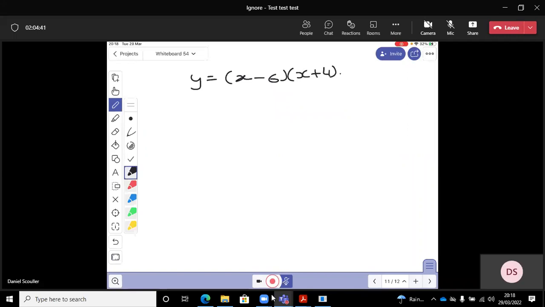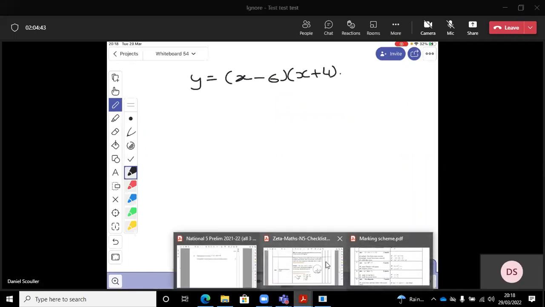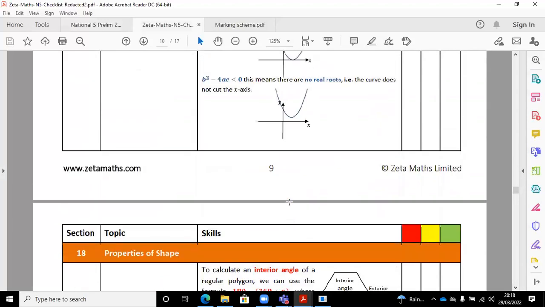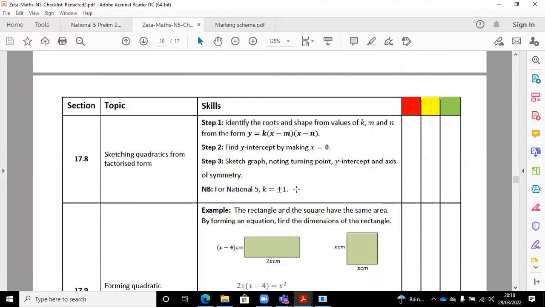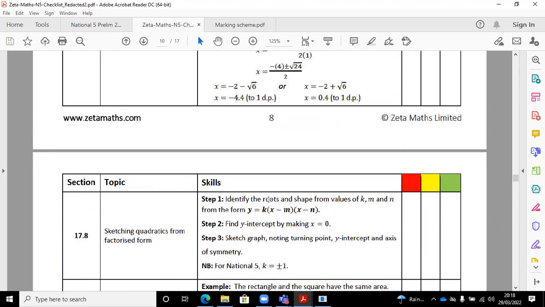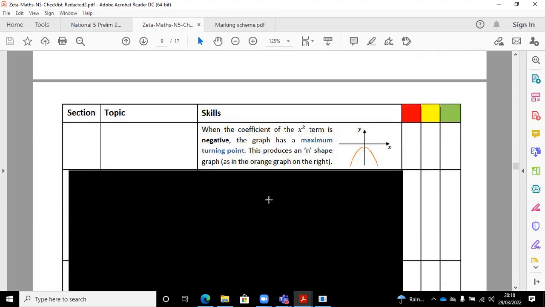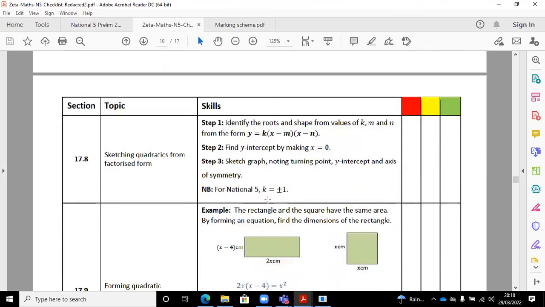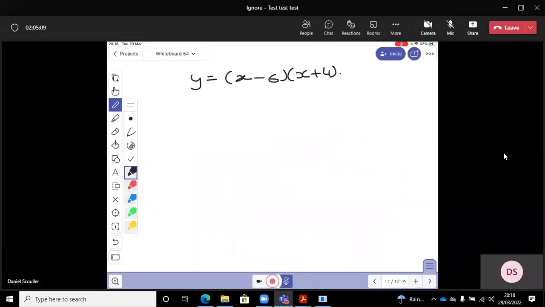This is section 17.8, quadratics. Sketching quadratics in the factorised form. So we've got a quadratic in its factorised form.